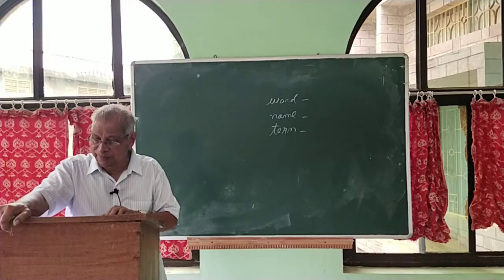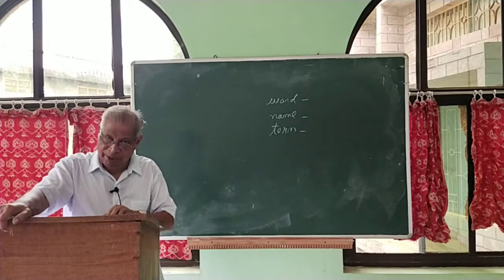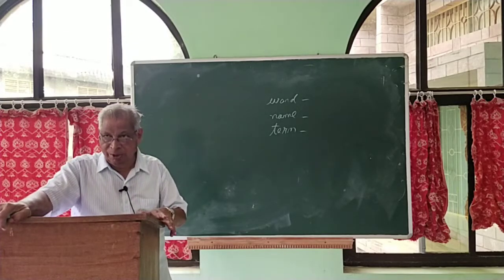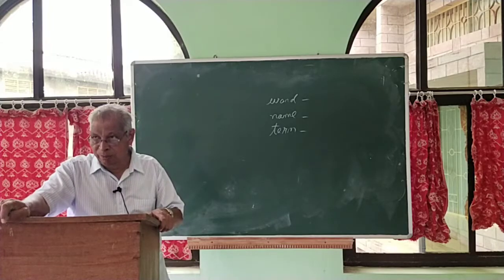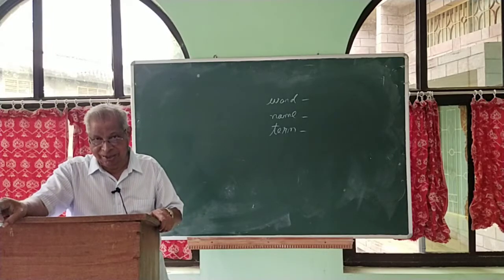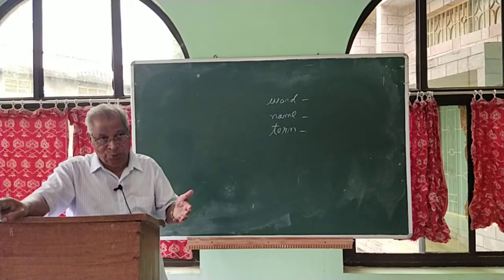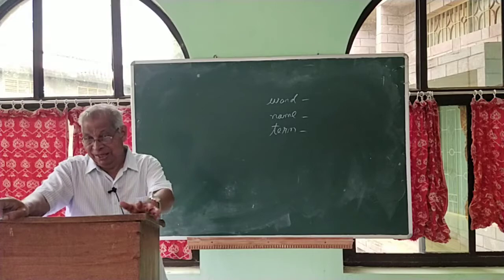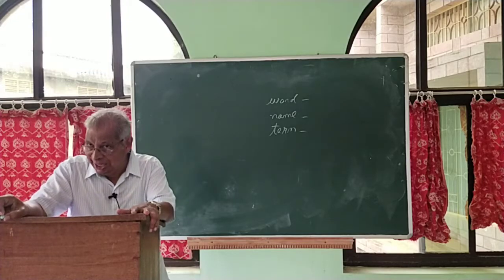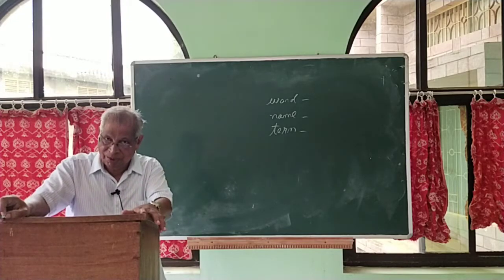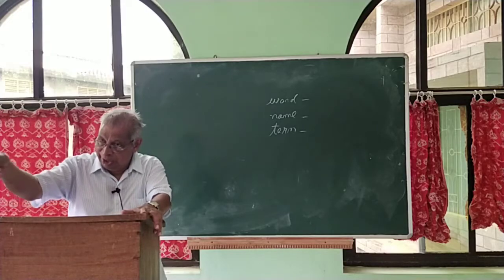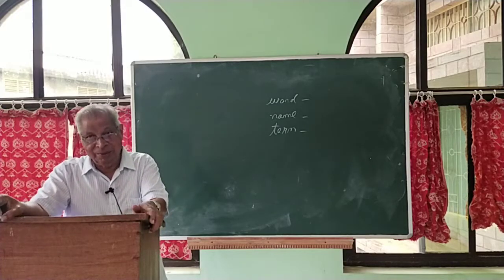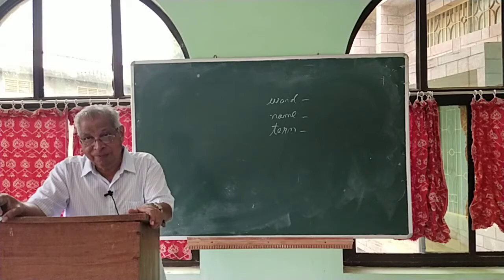a name. For example, table, chair, beautiful, healthy. They can be used as subject or predicate. The person is healthy. Person is a name because it can be used as subject. Healthy is a predicate. But what about "if"?